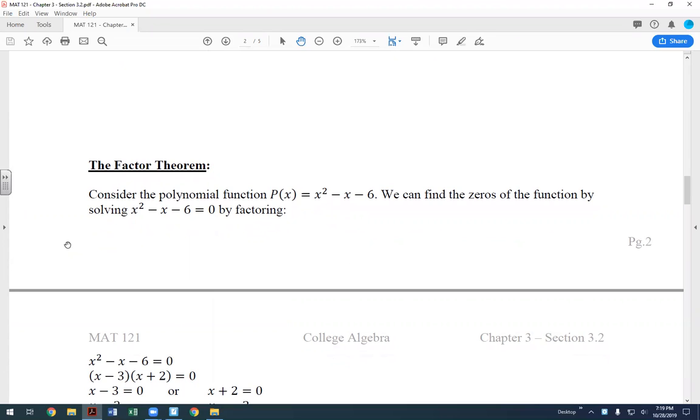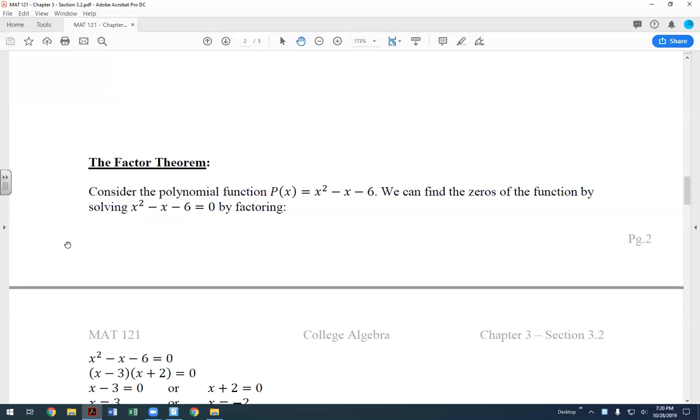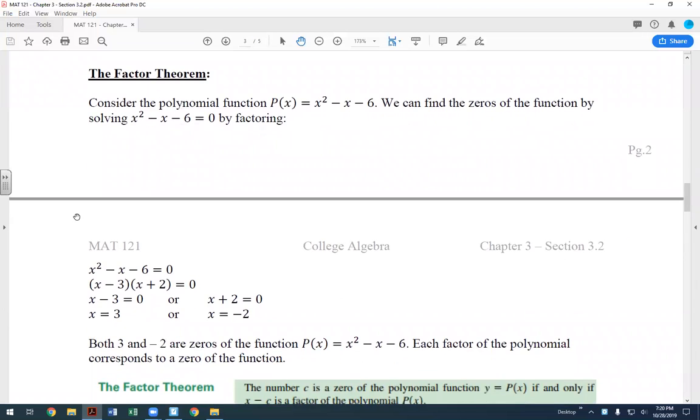Okay, so those were our examples for working with the remainder theorem and how we can actually solve those kind of polynomials. Now we're getting into factor theorem, which basically comes down to looking at an example. Again, we've got x squared minus x minus 6. I can actually factor this expression to find my zeros again. Products of -6 would be -3, +2, which add up to give us -1.